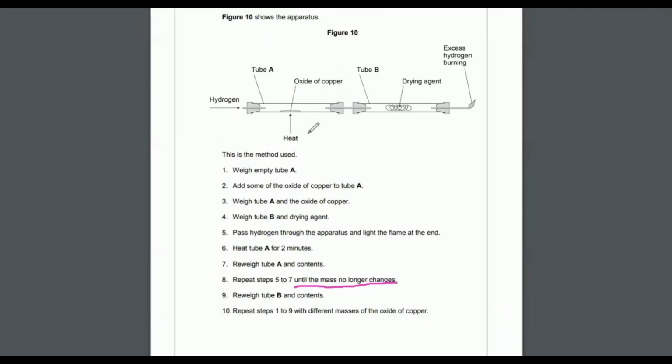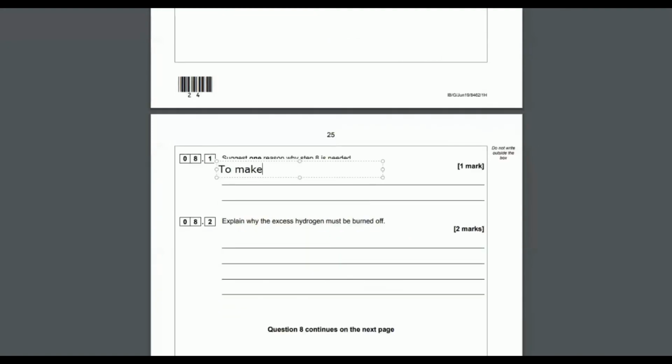That tells us the reaction is complete and no more gas is being released, because as a gas is released, the mass will decrease. Once the mass stops changing, the reaction has stopped happening. So this makes sure all the water's been removed, or all the copper oxide has finished reacting, and that will get you a mark. Let's look at 8.2.